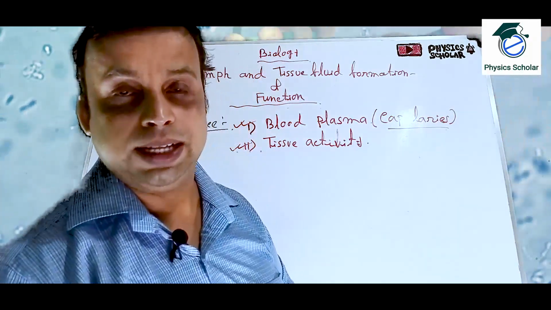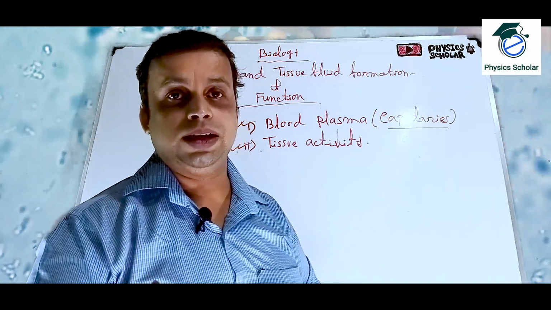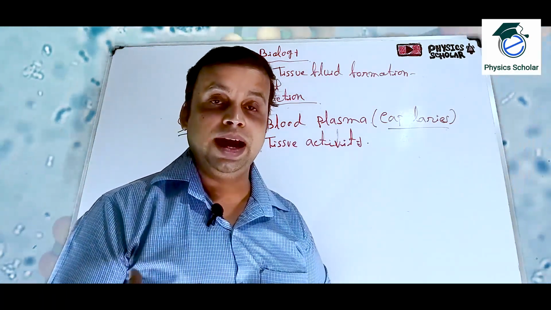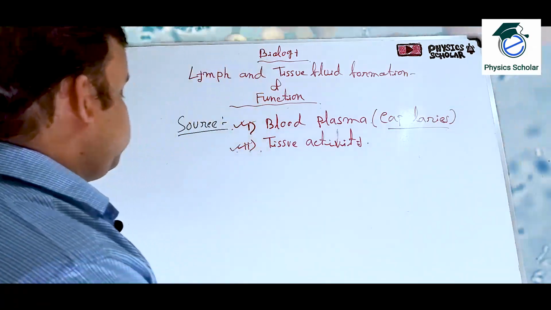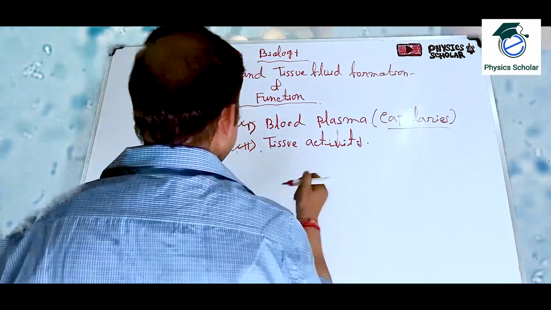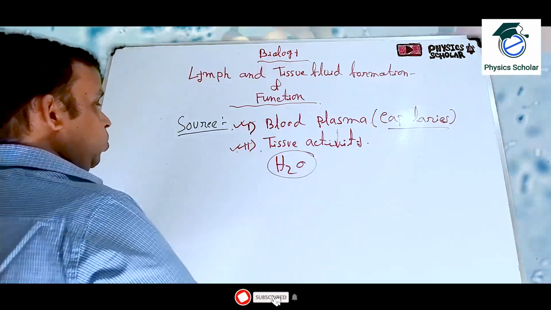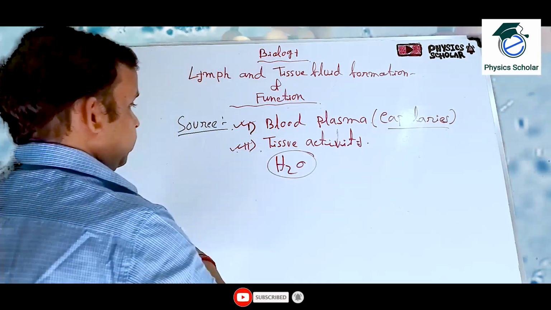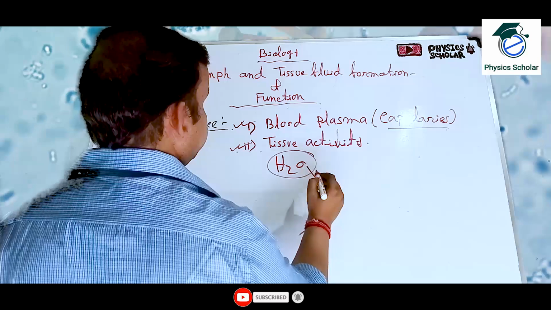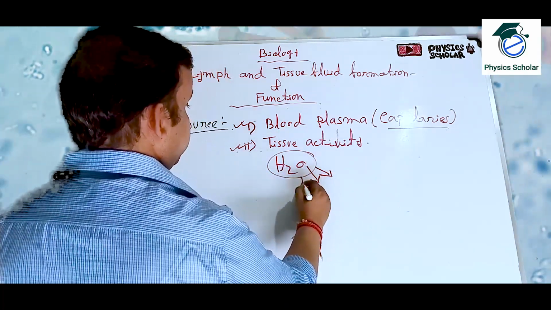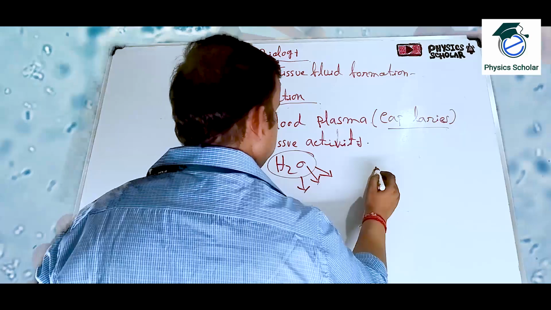So inside the cell there are the metabolic processes going on, clear? And due to the metabolic process what is developing as a product is H2O, water, okay, in the metabolic process. So this water then from the cell it will come out, okay, along with some proteins, okay, and what will happen?